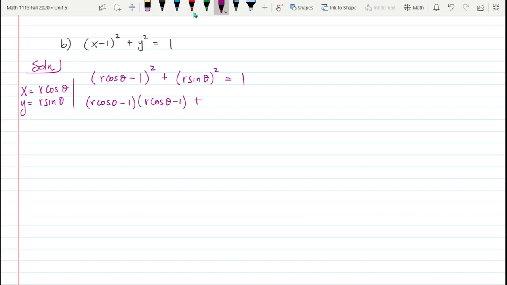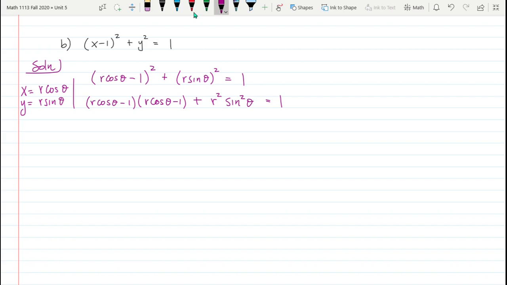Now in this second expression, the r sine theta, that is where you could actually just say r squared sine square of theta, because it's one thing. It's r sine theta times r sine theta. So it becomes r squared cosine square. Oops, no, that should be sine. Sine square of theta. And all of that is equal to 1.